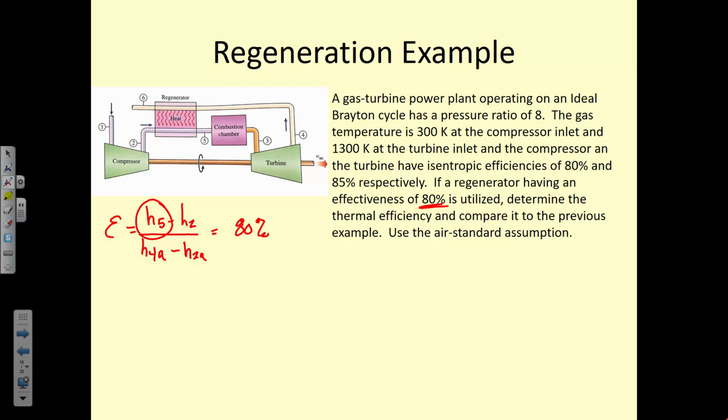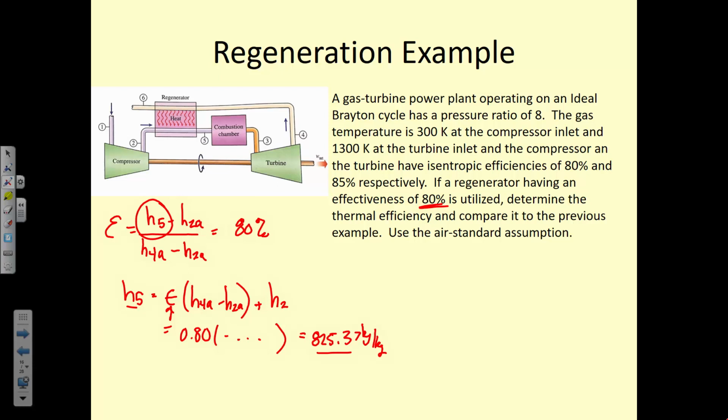So we can use this to solve for H5, and H5 is equal to this effectiveness multiplied by (H4 actual minus H2 actual) plus H2 actual. So if we plug in the numbers for that, using again the same numbers that we've used all along, with 80% for this value here, then we get 825.37 kilojoules per kilogram. That is our enthalpy at state 5.